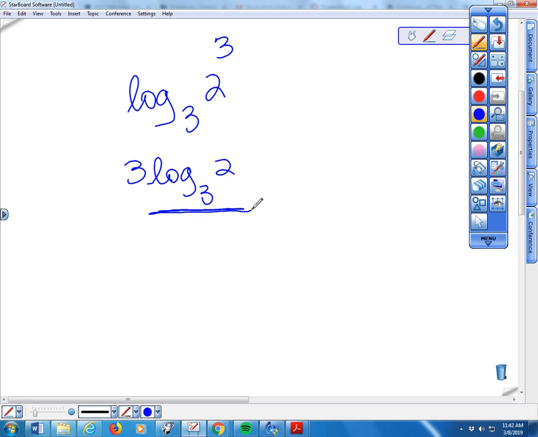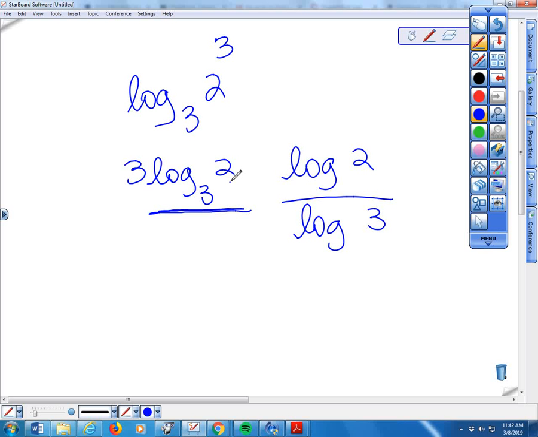Getting it to base 10 is how you will operate your calculator. Right? Calculator doesn't have a base 3 or base 2. When you hit log in the calculator, it's the common log, it's base 10. So in order to get this, so I could actually compute this number, I change my base to log base 10 of 2 divided by log base 10 of 3. It's the log of this divided by the log of this. Then I can put it in my calculator and actually figure out what log base 3 of 2 is.